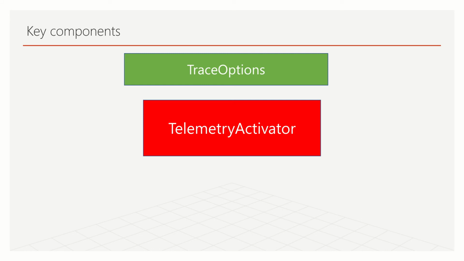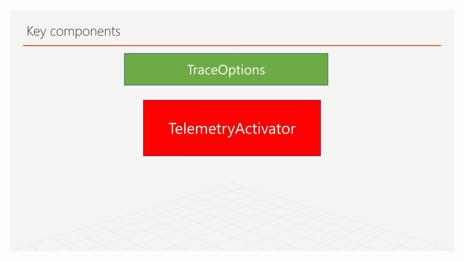By the way, the Activity class does not reside in the Application Insights namespace. It resides in System.Diagnostics. That is why the durable task already has the feature of distributed tracing, but it does not depend on Application Insights at all. It just depends on System.Diagnostics.